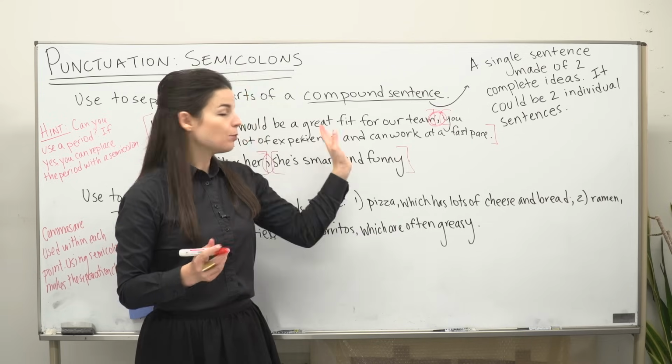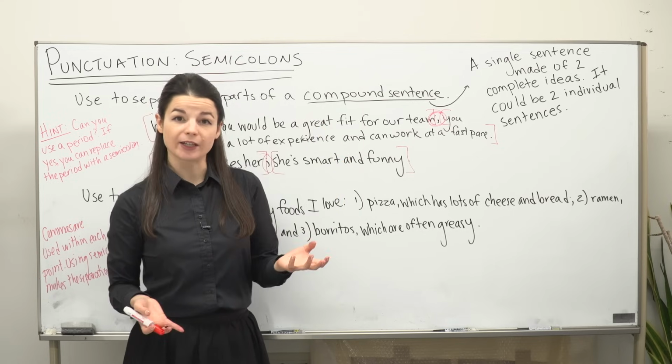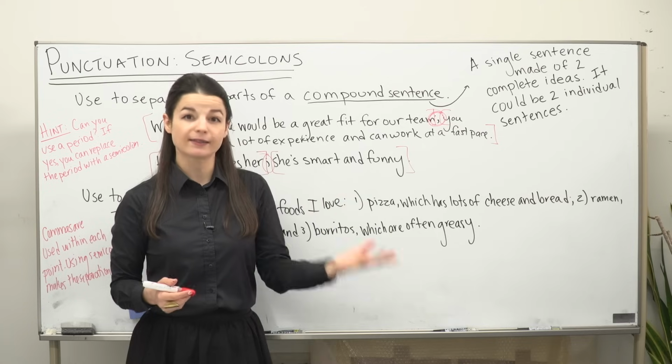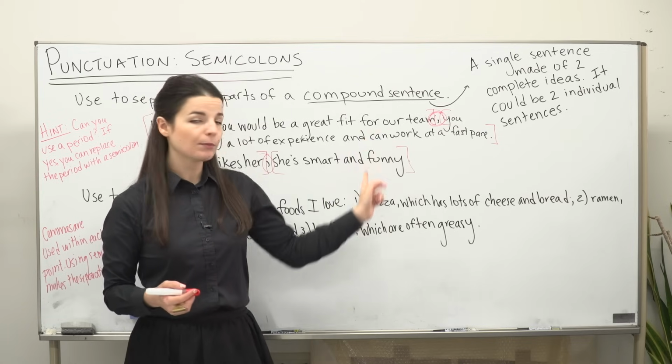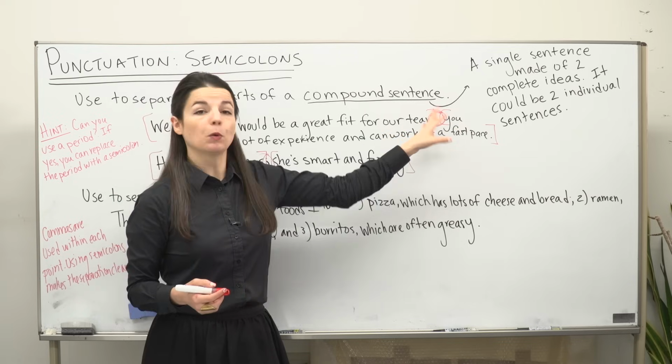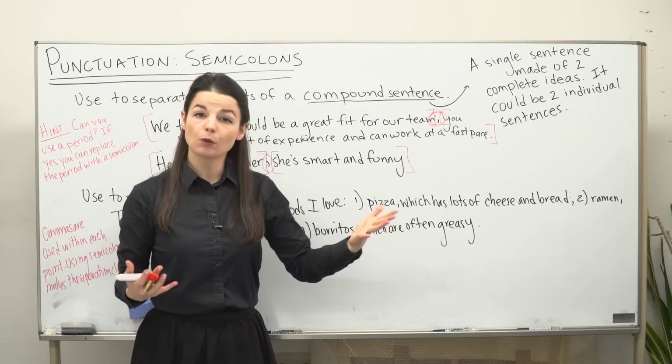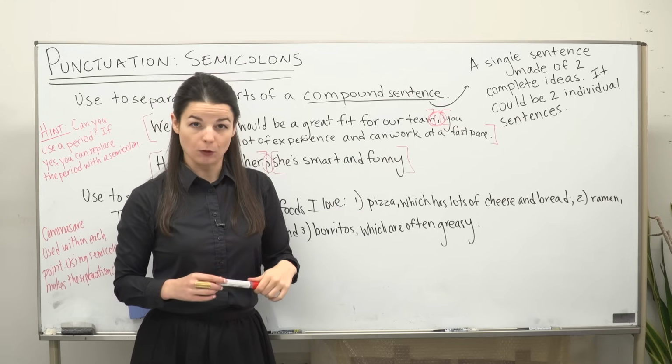But if your 2 points have a very close, special relationship, you can show the closeness of that relationship by using a semicolon. So these 2 examples maybe show that idea 1 and idea 2 are very closely related, so we can show that with a semicolon.